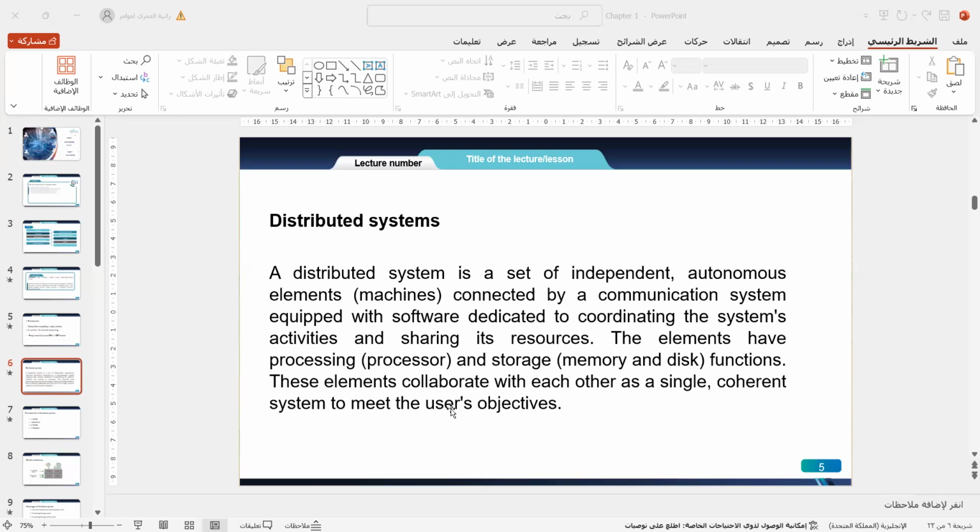Here we have examples of applying distributed systems. This form of computing is used in various fields to tackle large computational tasks that would be too resource intensive or time consuming for a single computer.